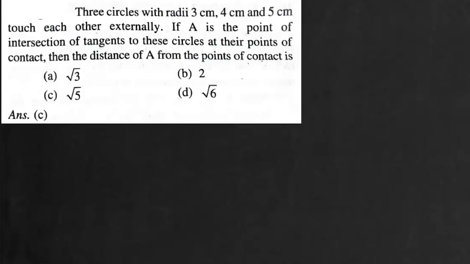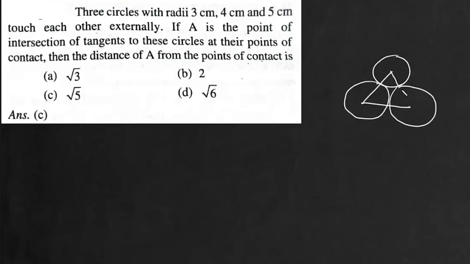Now here the question is, 3 circles with radius 3, 4 and 5 centimeters touch each other externally. So we have 3 circles and they have radius 3, 4 and 5, and they touch each other. Now we join these centers, it will form a triangle. Suppose this is P, Q and R. Now this radius is 3, this radius is 4 and this radius is 5.